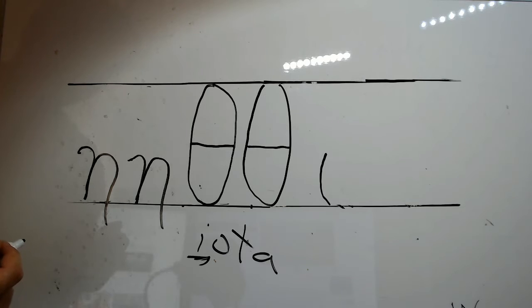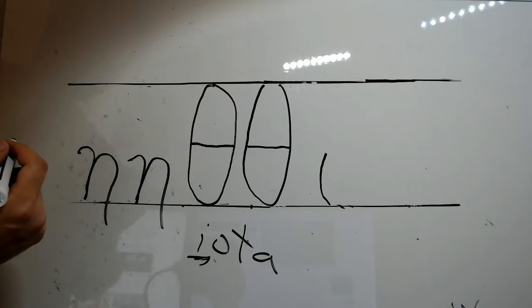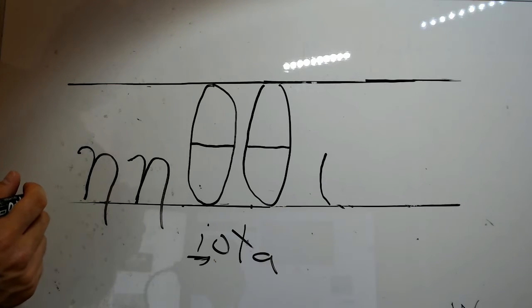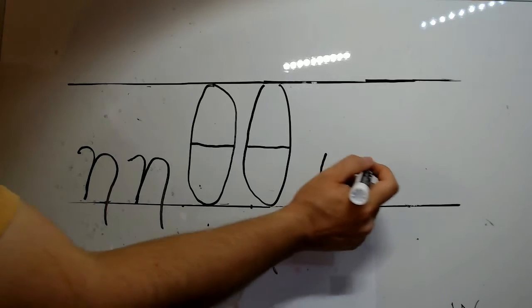And there you have the Greek equivalent of I, iota. I believe the textbook gives the pronunciation example as the I in machine, E, machine, iota.